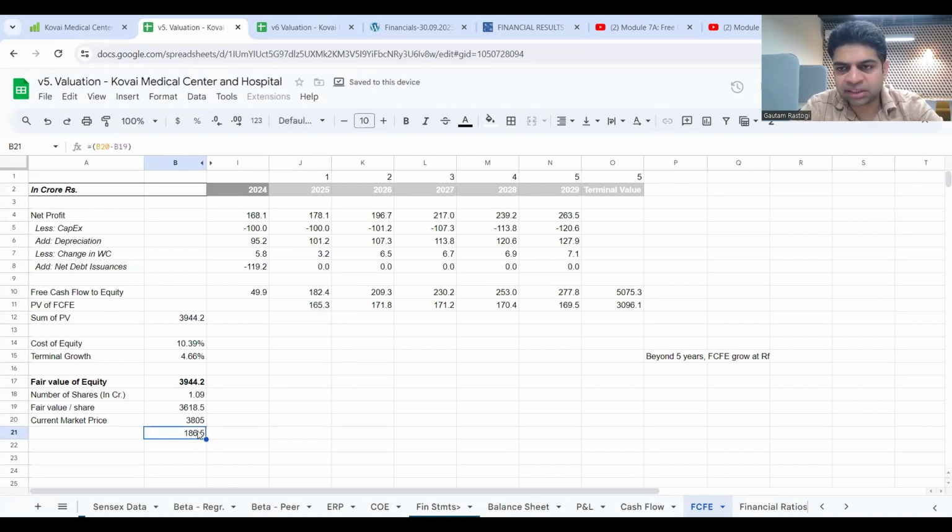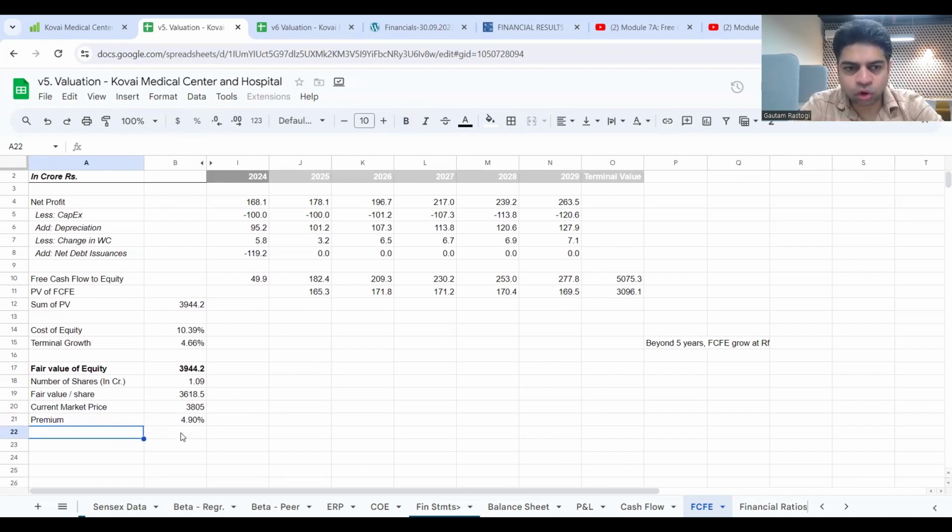The current market price is trading at a premium of 186.5 over our fair value. So it's trading at a 5% premium. Basically it's trading very reasonably right now as per our estimates. See, we have done this.